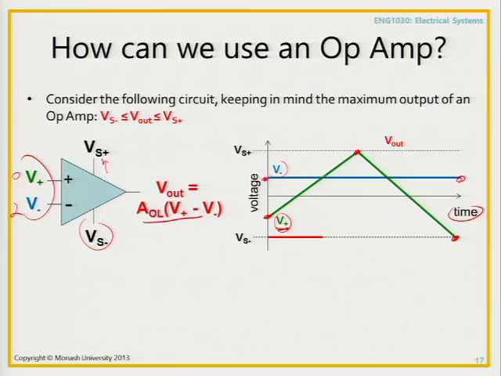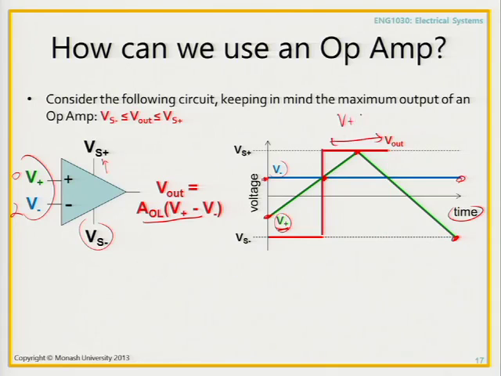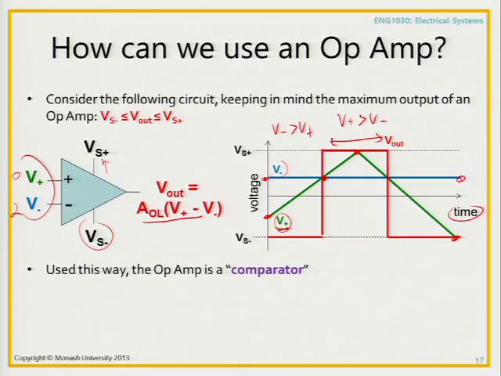When we get to this point, the output voltage of the op amp would swing to the positive supply voltage, because now in this region, V plus is greater than V minus. So over here, V minus is greater than V plus.